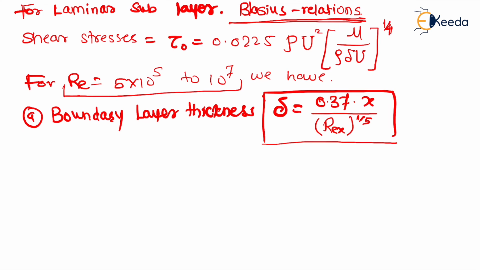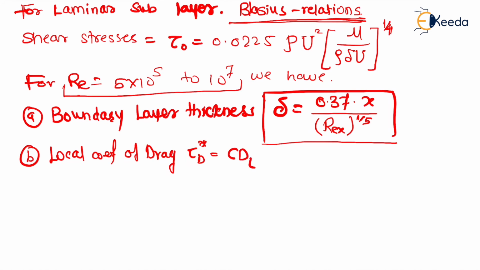These are ready-made results which should be known to us for ready reference. We have a second result obtained as the local coefficient of drag, which we have defined as CD star or CDL, equal to 0.059 divided by Rex to the power 1 upon 5.